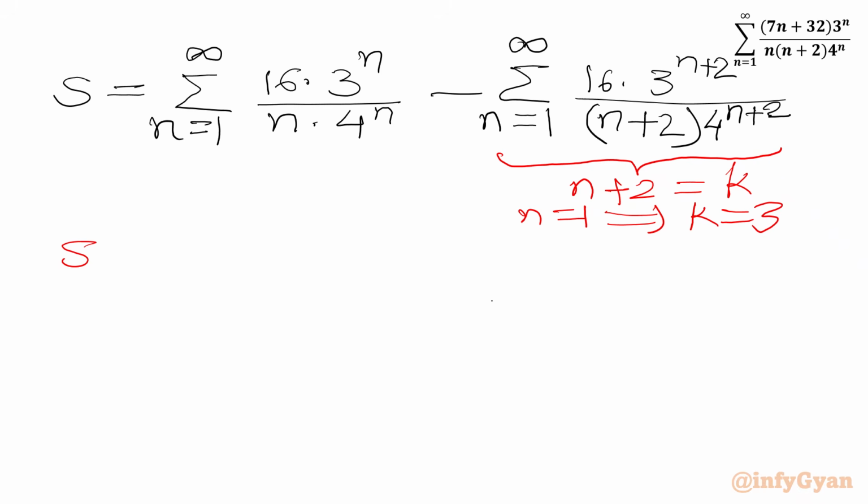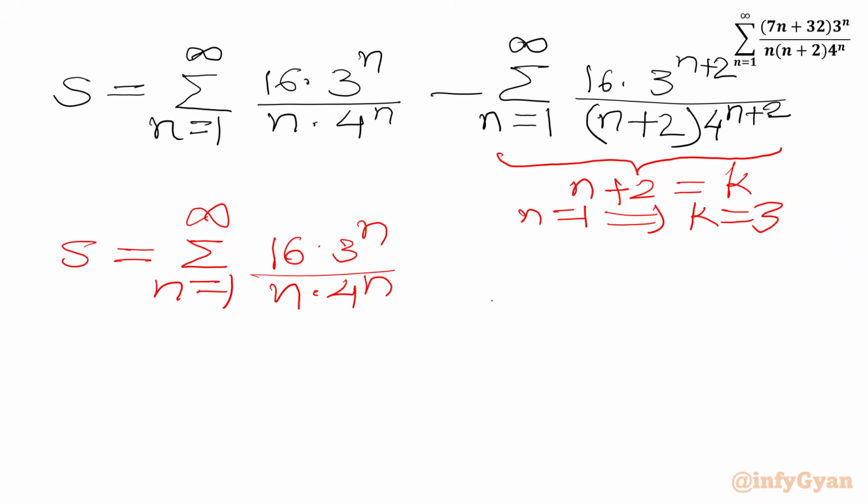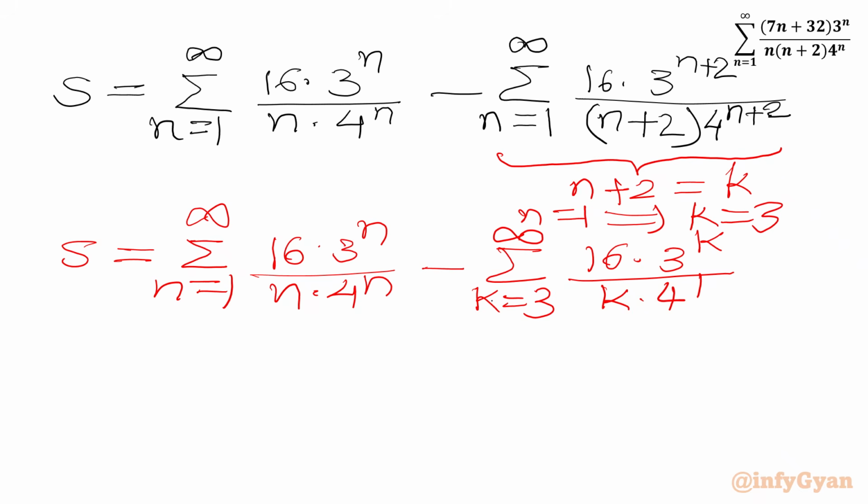So we will write S equal to sigma n = 1 to infinity 16 times 3 power n over n times 4 power n, minus sigma k = 3 to infinity 16 times 3 power k over k times 4 power k. Now you can check over here, we have change of variable only.